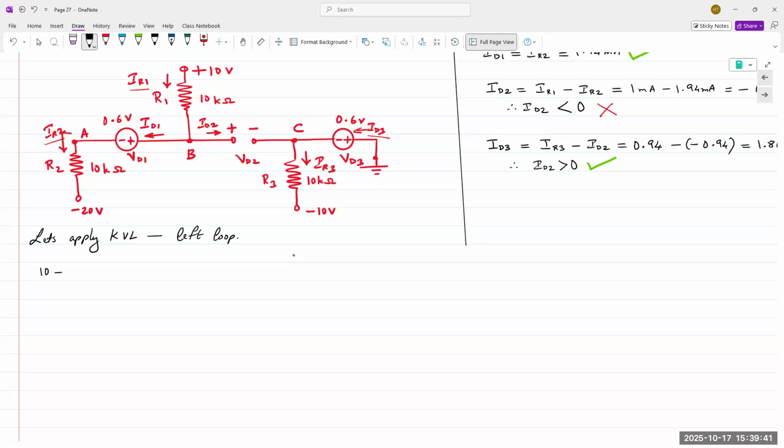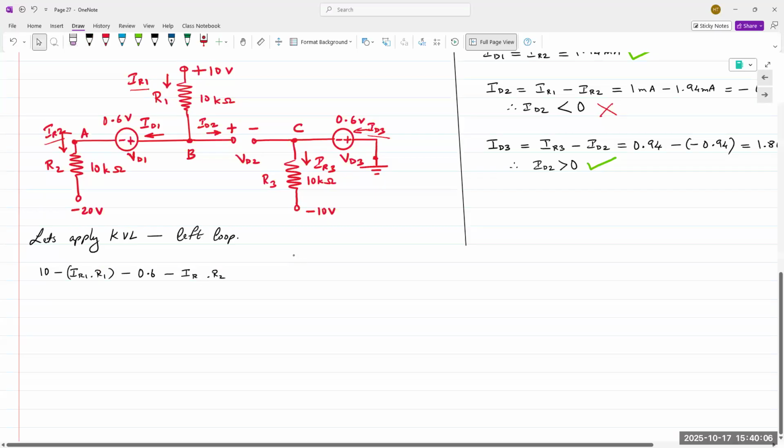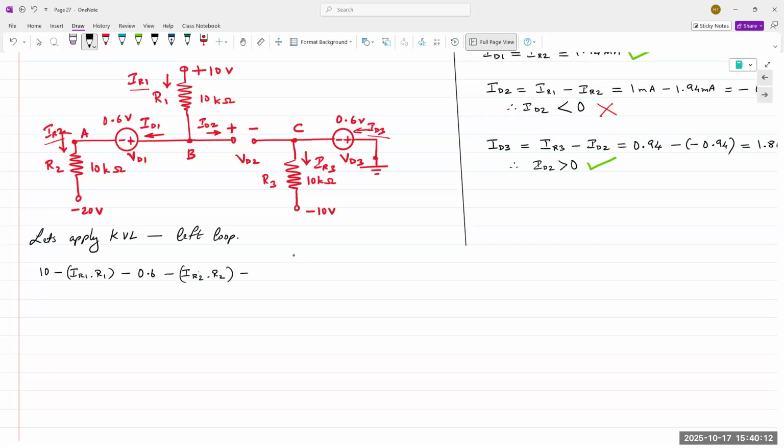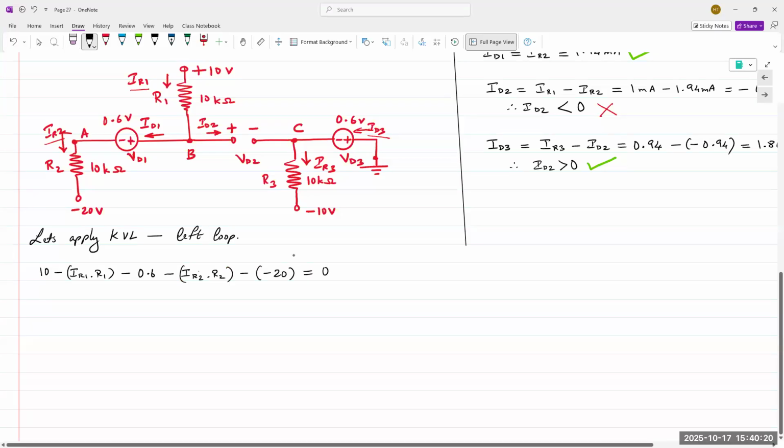Right? 10 minus IR1 times R1 minus 0.6 minus IR2 times R2 and then minus of minus 20 is equal to 0. Okay.